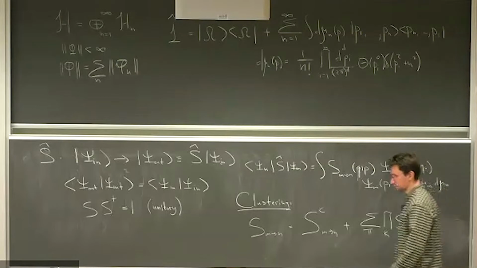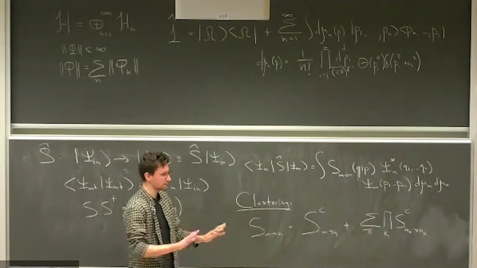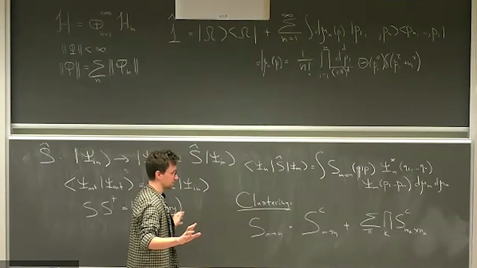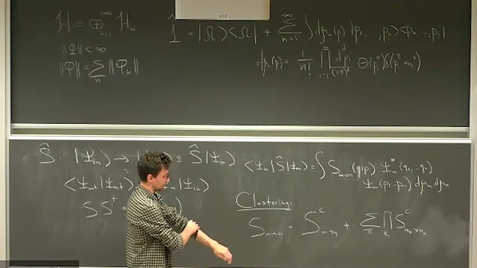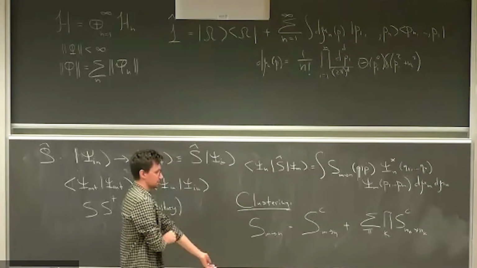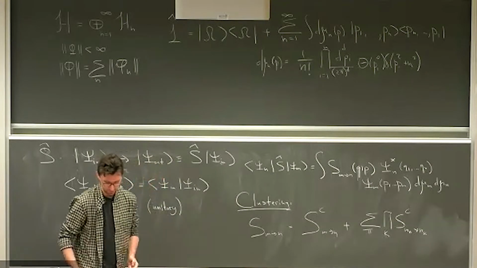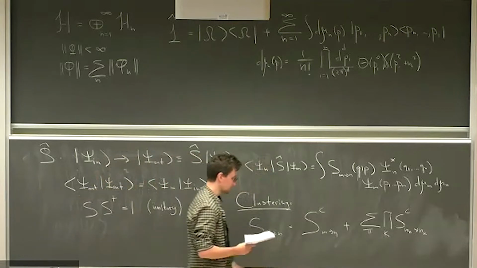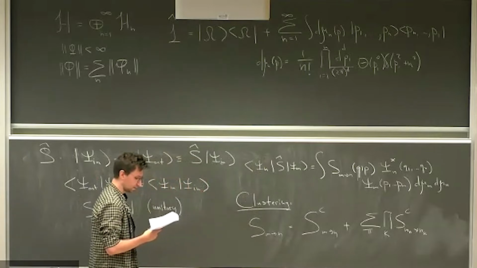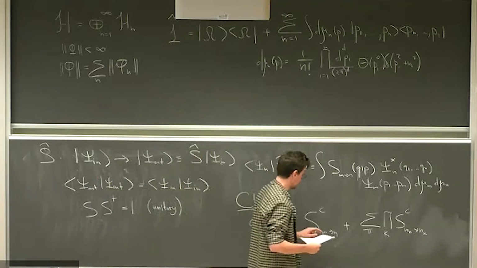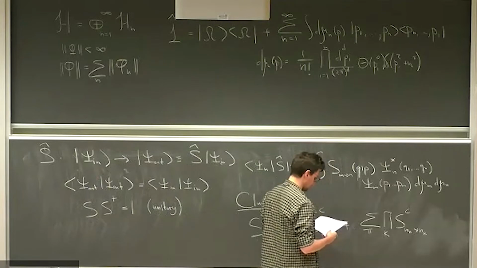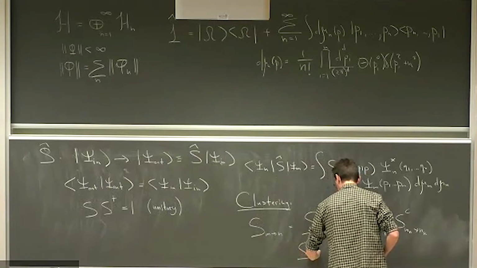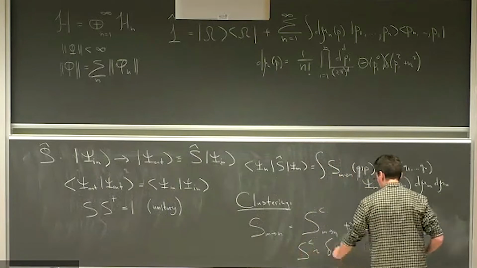So the intuition is that if you take a bunch of particles and separate them into groups which are separated by a large distance, then the scattering becomes independent. If we do the experiment here in Geneva, we will not hear about scattering in some other part of the universe. We can describe it separately. And the important thing is that the disconnected S-matrices come with momentum conservation for the particular group of particles.